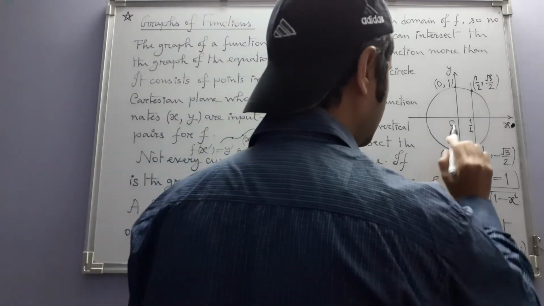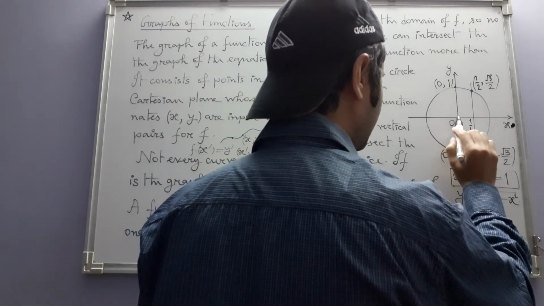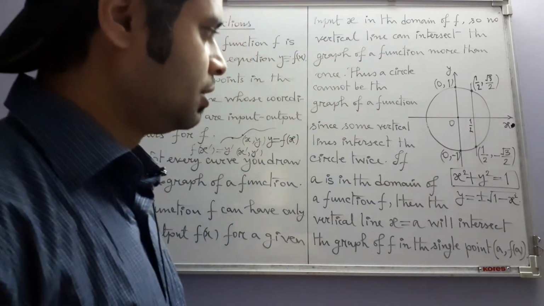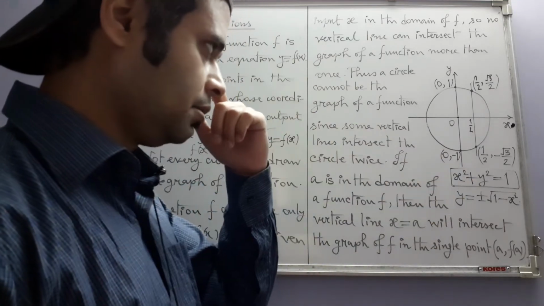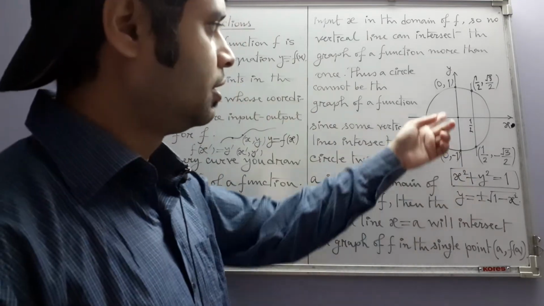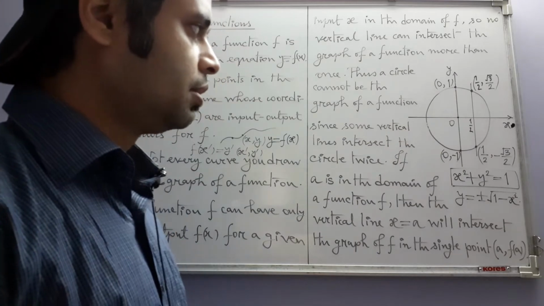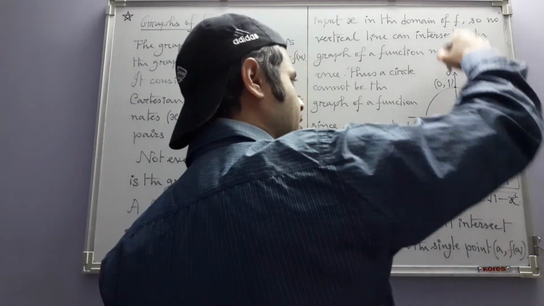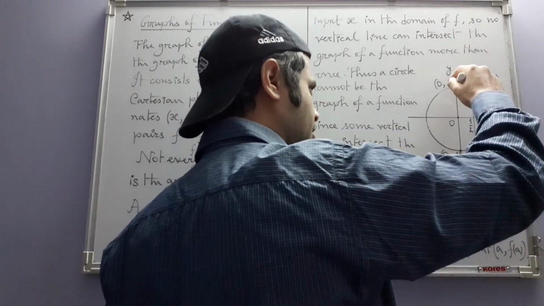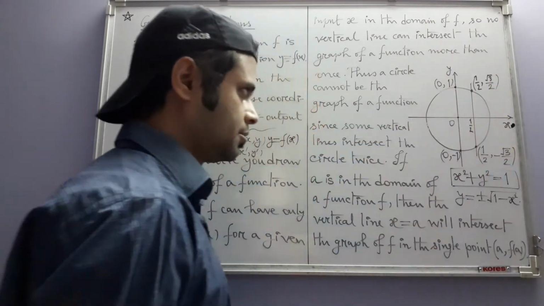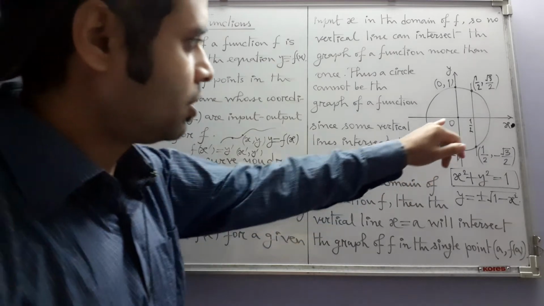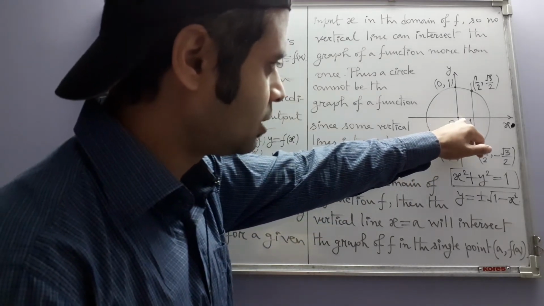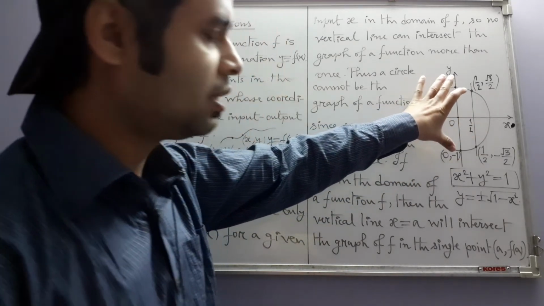For example, if you take this very simple value x equal to 0, then you get two values of y from this relation: 1 and minus 1. So geometrically, correspondingly, this vertical line intersects the circle at these two distinct points. That is, for the given value x equal to 0, you get two distinct values of y.